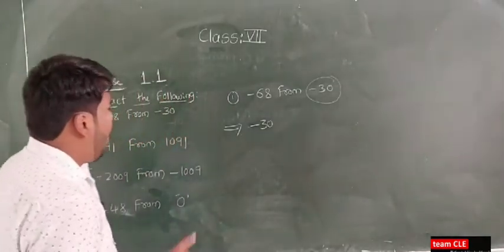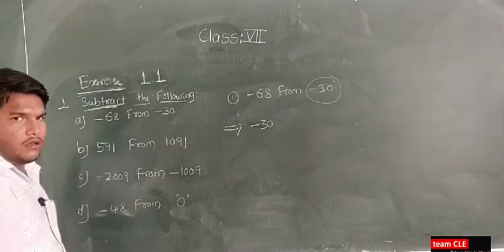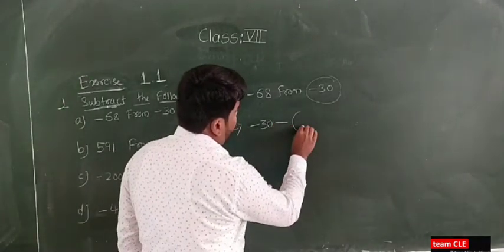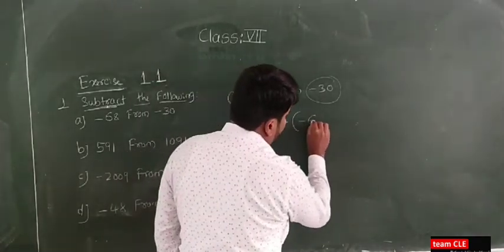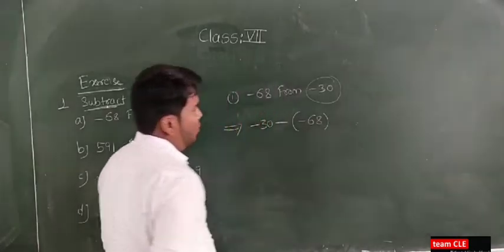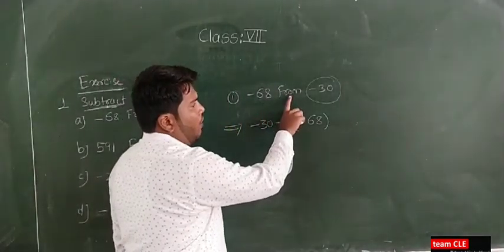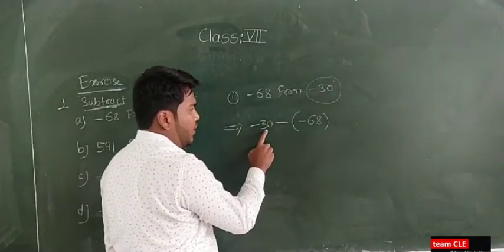Then what is your operation? Your operation is subtraction. Write that subtraction symbol, and in the bracket write the second number, minus 68. I hope all of you are understanding. First of all, write the number after "from", minus 30.